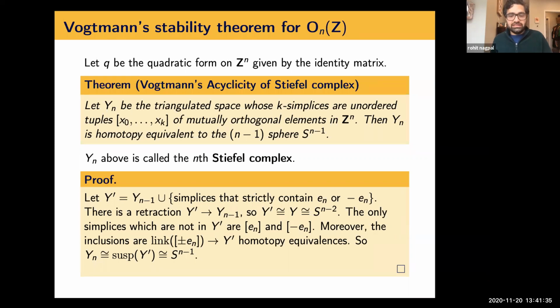And then what you're doing is just adding on the link of En and minus En, which is just homotopy equivalent to this smaller one. So you just get a suspension of this S^(n-2). It would have been easier if I could draw a picture, but I can't because these are slides. But yeah, that's basically the proof.